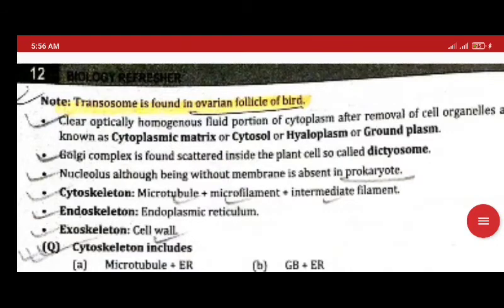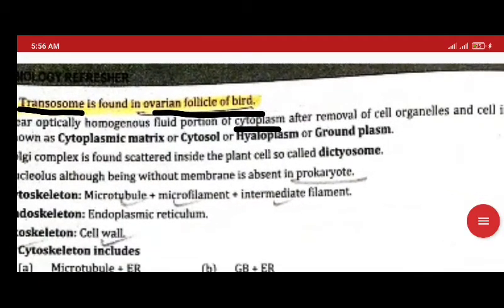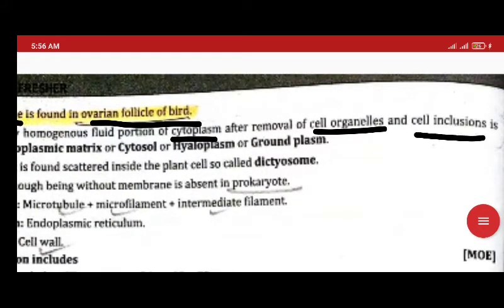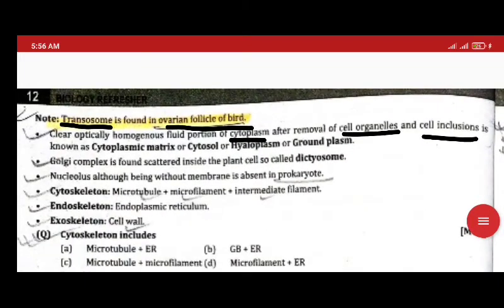Continuing here, we have a membrane organelle called transosome, and transosome is found in the ovarian follicle in birds, in females for reproduction. Now when the contents of cytoplasm, like cell organelles and cell inclusions, are removed from the cytoplasm, that is called what?